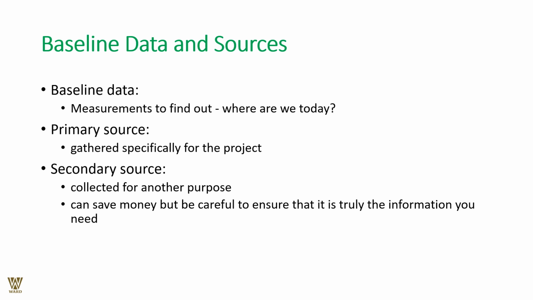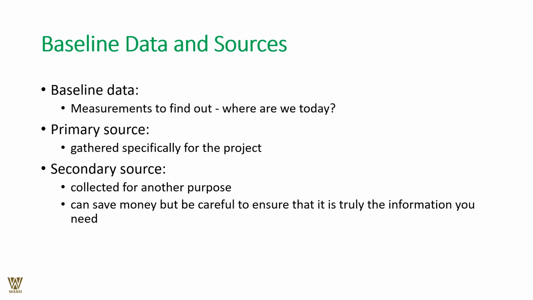Now, baseline data and sources. Baseline data is a measurement to find out where we are today. Primary sources are gathered specifically for the project, absolutely for the project. Secondary sources are collected for other purposes, but have an implication in your project. Let's say it's a rainy season, probably people would take their umbrellas out, right?